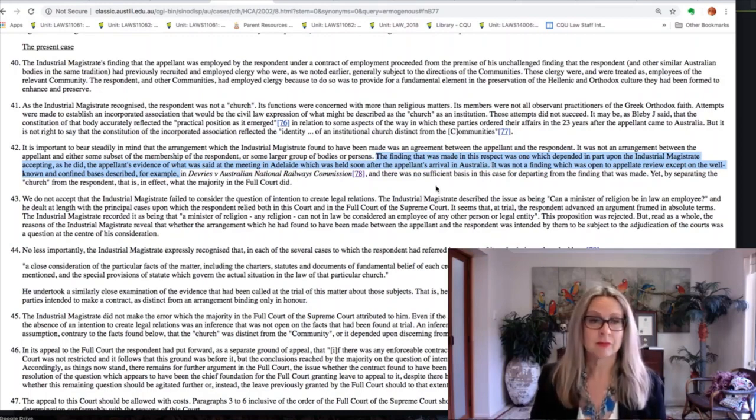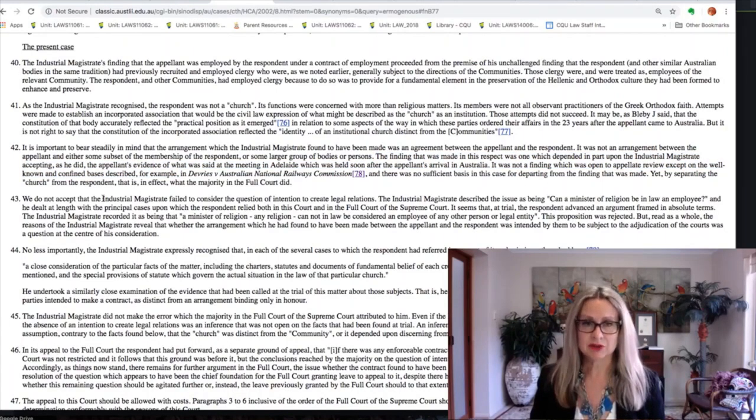Okay? The main reason why the Supreme Court had allowed the appeal to it was because they said, big problem here with the industrial magistrate's initial finding, and that was he didn't actually go ahead and consider the whole question of intention to create legal relations. And the High Court says, well, that's rubbish, actually, because that whole issue is bound up in the question, can a minister of religion be in law an employee?